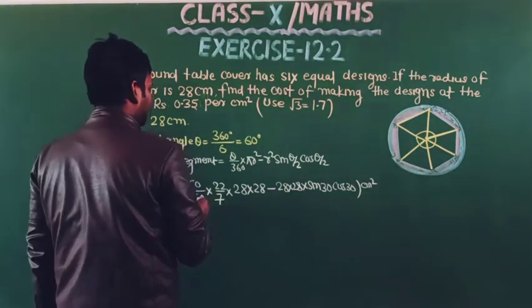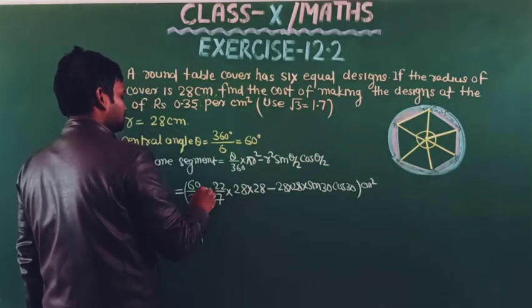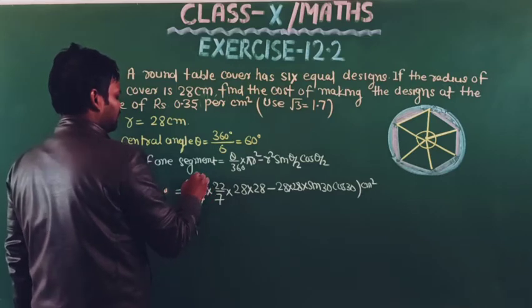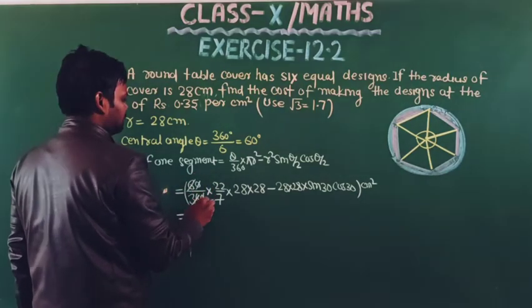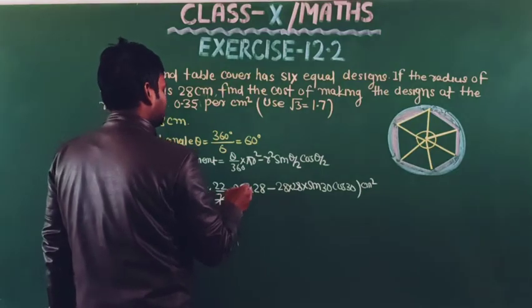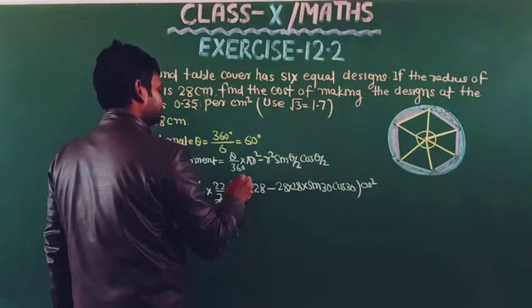Okay, now simplify. 6 sixes are 36 and 7 fours are 28.